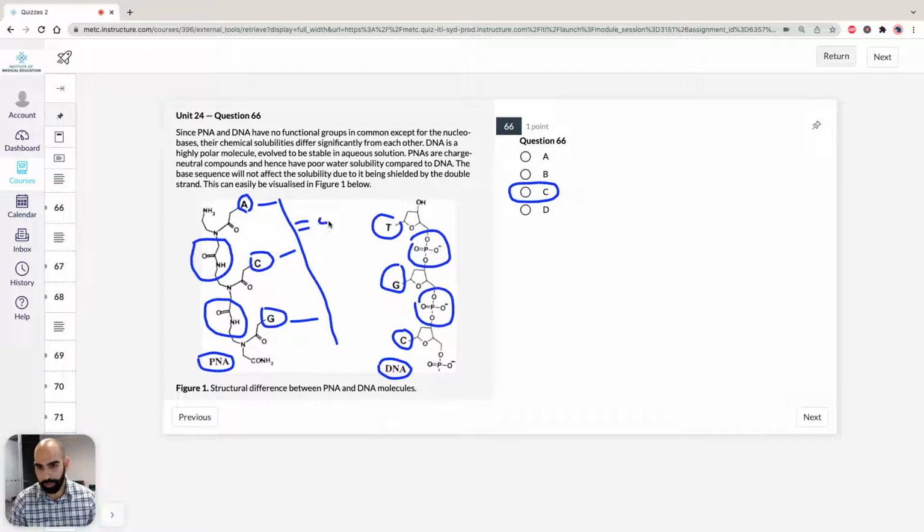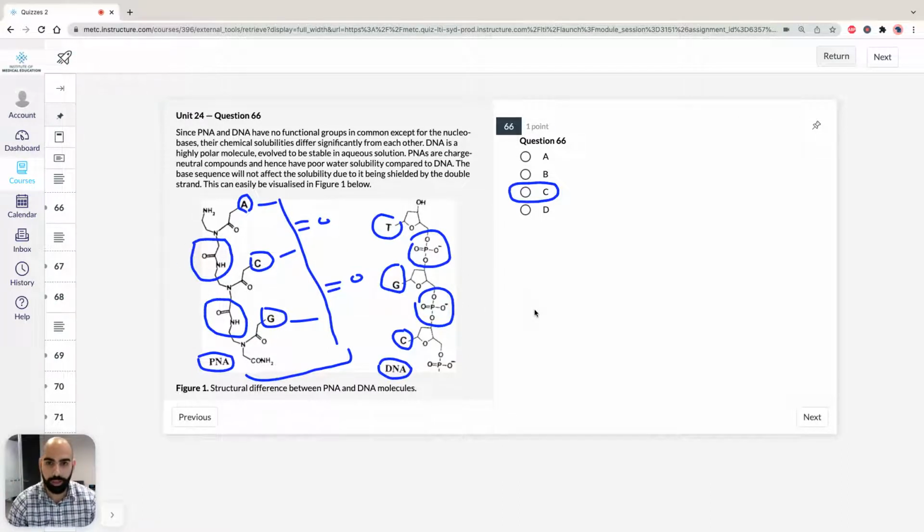I know option D says something about the base sequence, but because it's a double-stranded sequence, the bases are shielded from the outside. So the base pairs aren't going to have an effect on solubility, because they're shielded by the functional groups on this side.